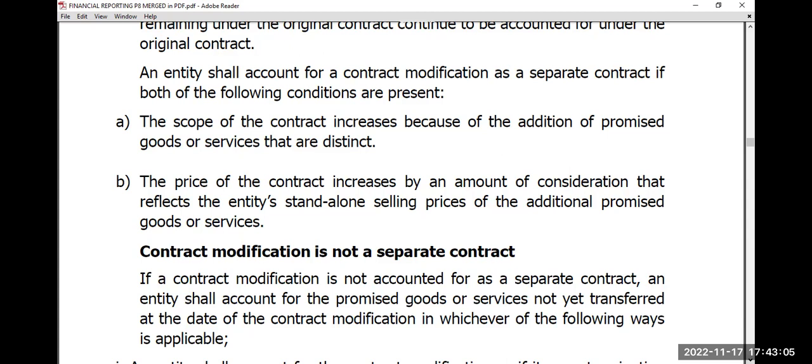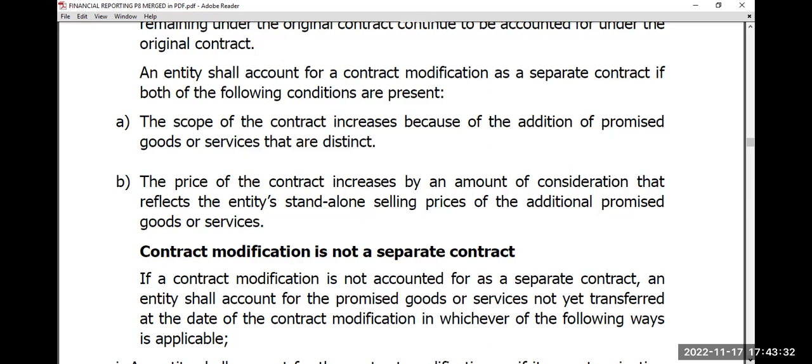One, the scope of the contract increases because of the addition of promised goods and services that are distinct. If the terms of the agreement are going to change because we are adding some additional items, we've been delivering coffee and now we are going to be delivering coffee and beans.